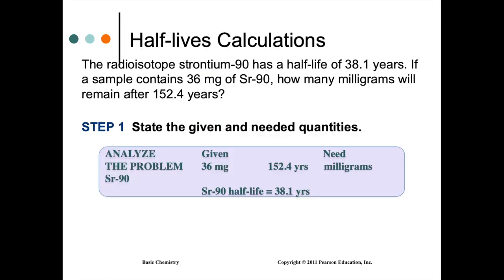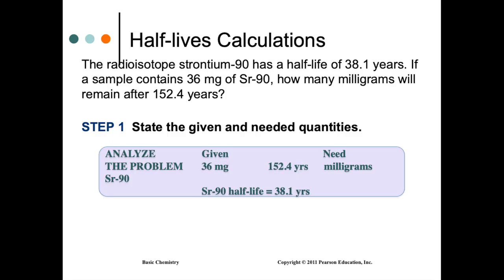So let's try some problems using that. There's basically 2 ways we do these problems. The first one is very similar to how we saw that previous problem set up, where you're given an initial amount, you take your number of half-lives, and you've got to figure out how much is left at the end. So this problem we're about to see is going to be similar to that.